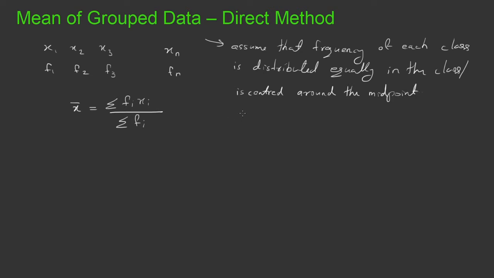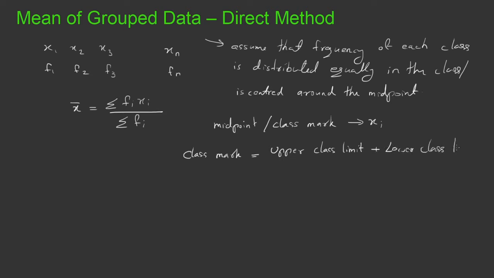This helps us to assume that the midpoint or the class mark of the class will represent the observations falling in the class and is taken as xi. Thus, midpoint or class mark is obtained by the equation upper class limit plus lower class limit divided by 2.